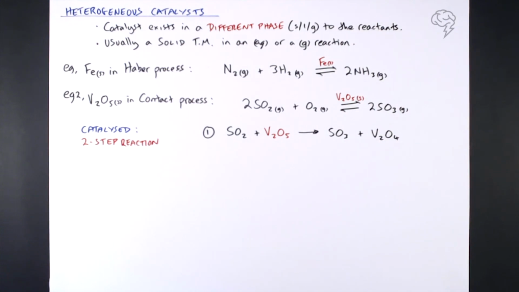The oxidation state of the vanadium in V2O5 is +5. The oxidation state of the vanadium in V2O4 is +4. So the vanadium's been reduced here, again, as a transition metal, using its ability to exist in different stable oxidation states. So that's the first step.